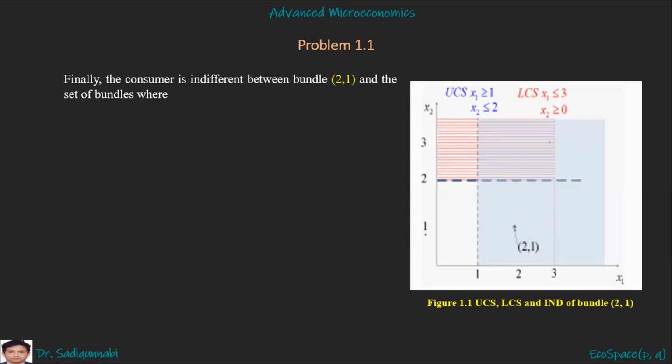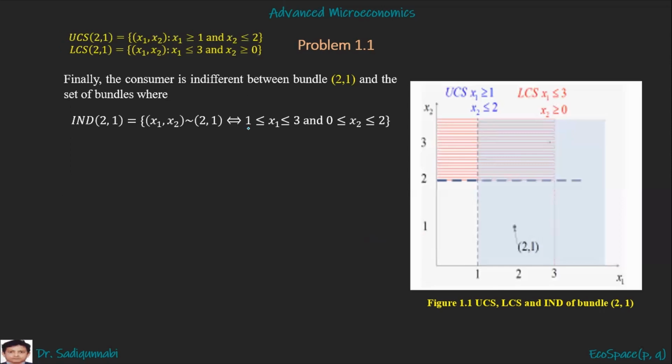Now let's find the indifference set. We know that the indifference set is the intersection of the upper contour set and the lower contour set. That means IND equals upper contour set intersection lower contour set.